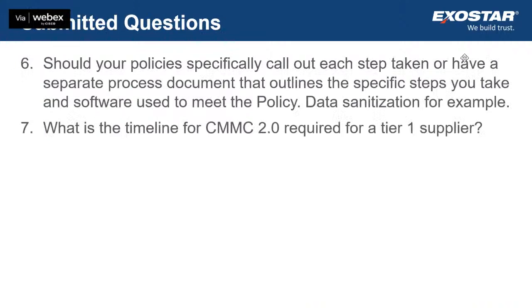And then again, my final two questions. Should your policies call out each step taken, or have a separate process document? And so this is where it comes in: policies say what, if you will, what we're going to do, but you also need those procedures that say how you're doing that.